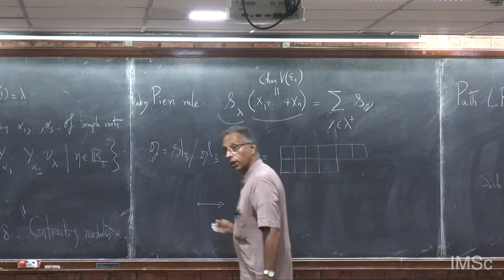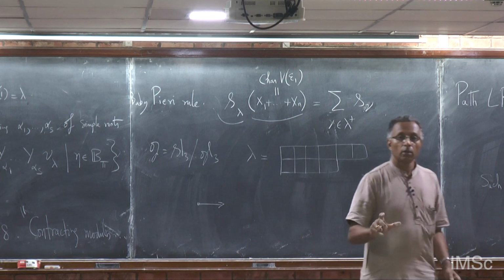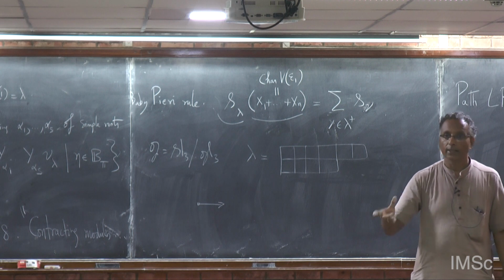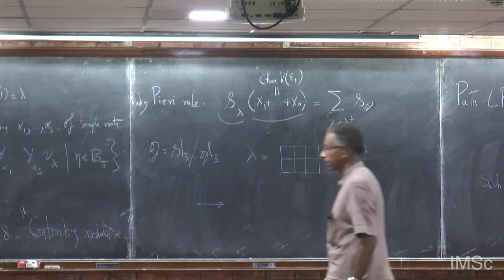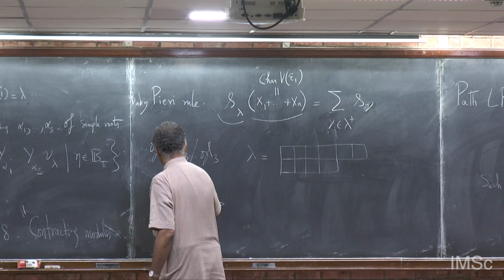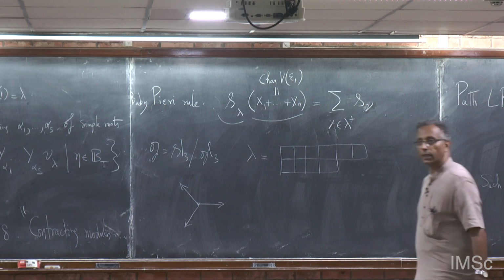So what are the paths of shape epsilon 1? All straight lines, and they are epsilon 1, epsilon 2 and epsilon 3 if you are in GL3. Correct?